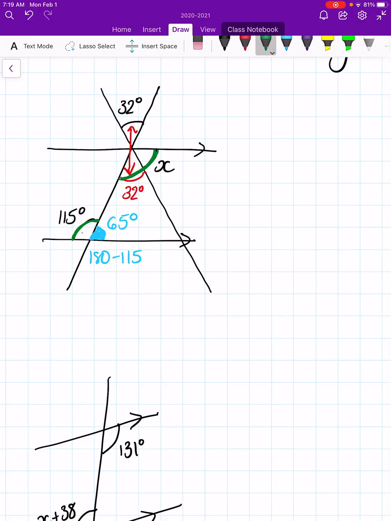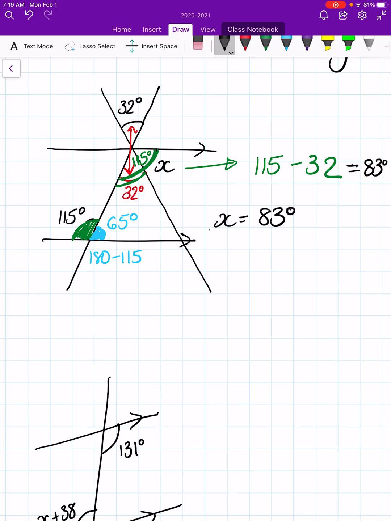So I know that this is 115, and then the whole part here is 115 degrees. I've already worked out that part of that angle is 32, so to find X, I'm going to do 115, take away 32, and that will give me my answer for the missing angle. So X will equal 83 degrees.